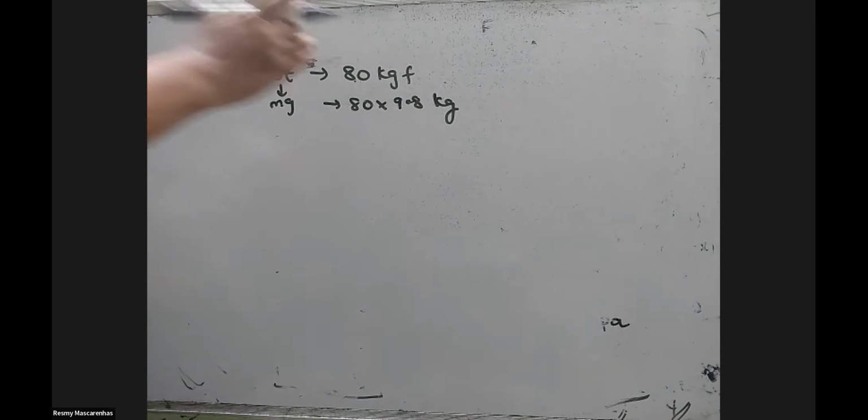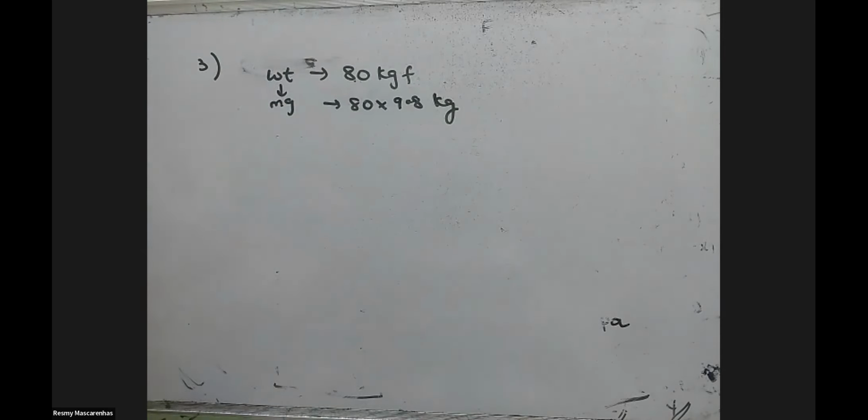Whenever something like kgf is given, automatically you have to multiply it with 9.8. Then what else is given?